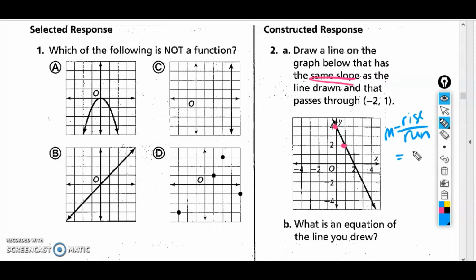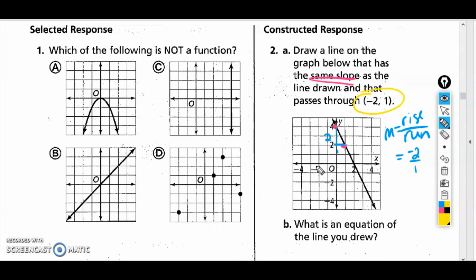Firstly, I can tell that it's negative because it goes down, and it goes down 2 and over 1, so that's negative 2 over 1. So my other graph is going to have a slope of negative 2 over 1, but it wants to start through this point. So first thing I need to do is figure out where that point is.